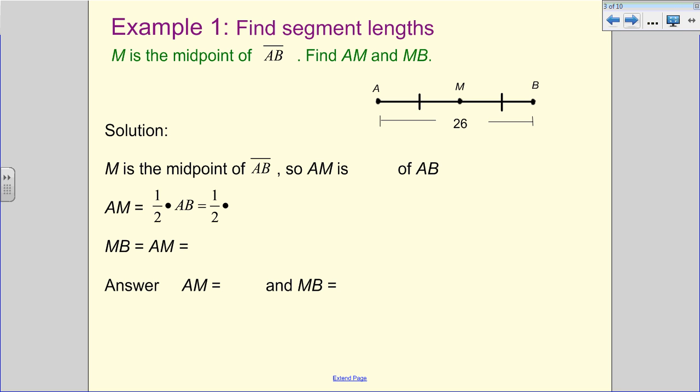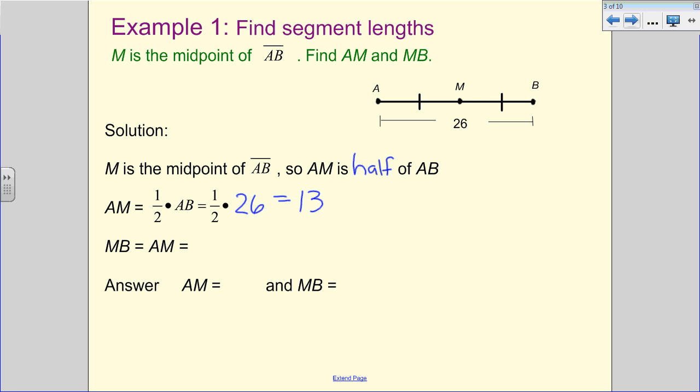So AM, if we think about what that means in terms of a midpoint, AM is half of AB. So we've got half of AB in there. So AM equals 1/2 times AB. Since AB is 26, that means 1/2 times 26. And doing a little mental math, we know that that equals 13.